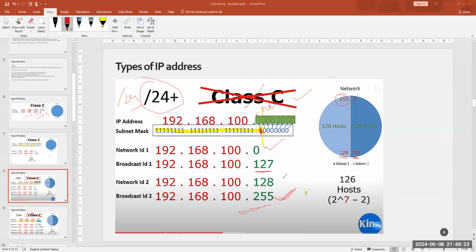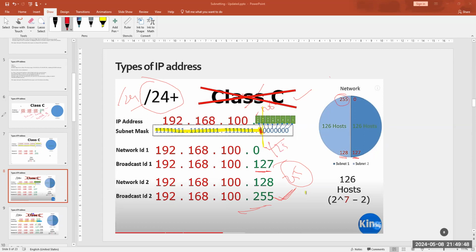Clear? Why am I using 255? Because I cannot use beyond 255. So I'm just taking a figure like 255 and stopping over there. That's it. Now, if I am going with this one, the CIDR becomes how much? /25.